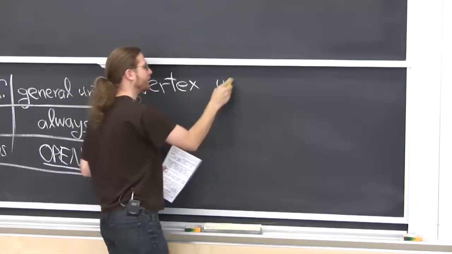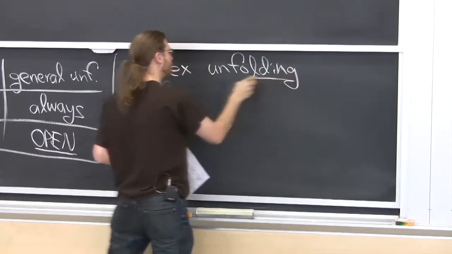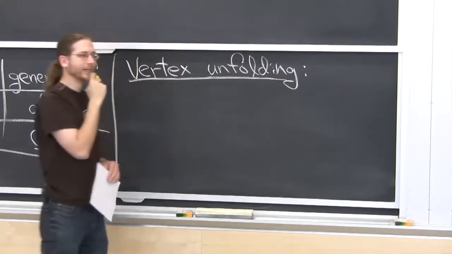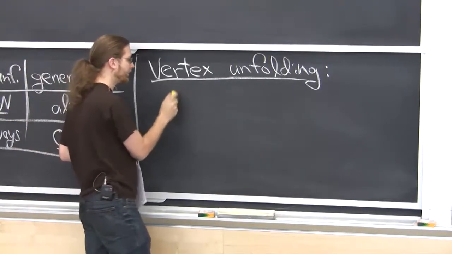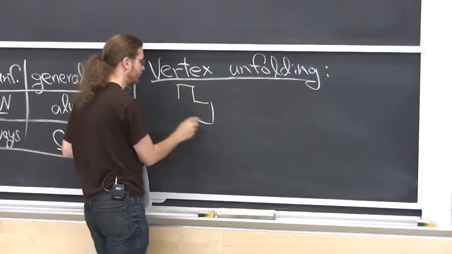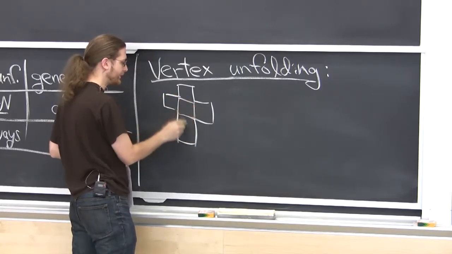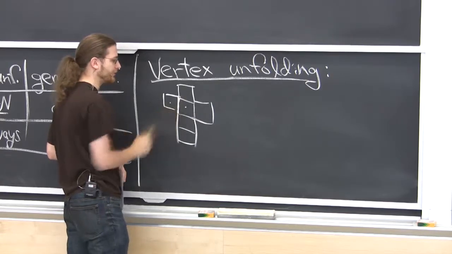So there's a third kind of unfolding, which we call vertex unfolding. And it's kind of like a hinge dissection. So instead of normally an unfolding, something like a cross, it's a nice connected polygon. The faces are joined along edges.